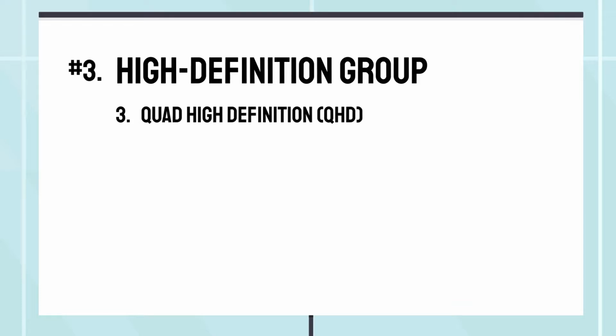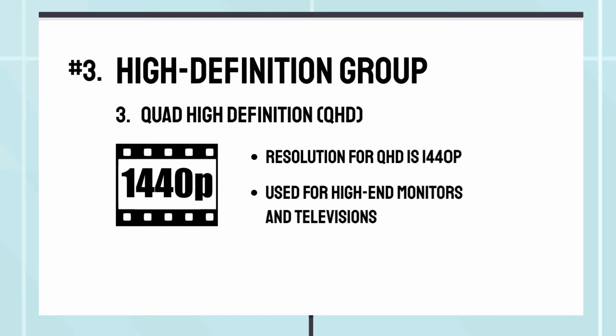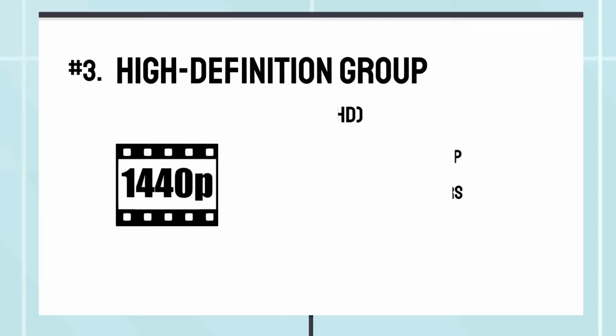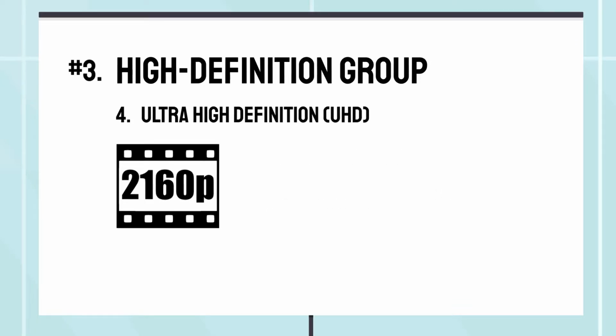Third, Quad HD or 1440p, also known as QHD. With 2560 pixels horizontally, and 1440 pixels vertically. These resolutions are standard for high-end monitors, televisions. Fourth, Ultra HD, or 2160p.